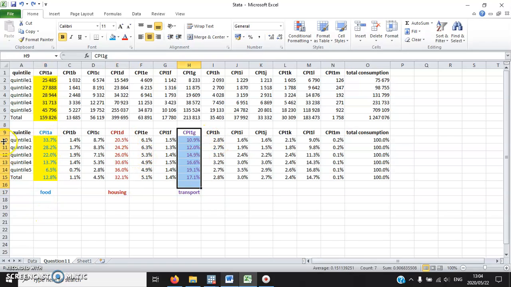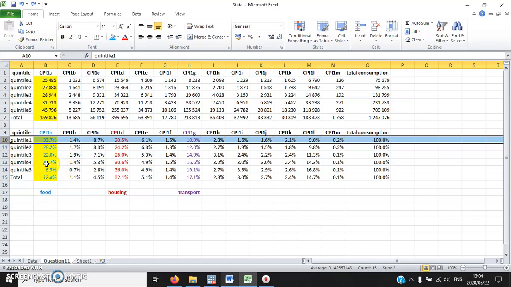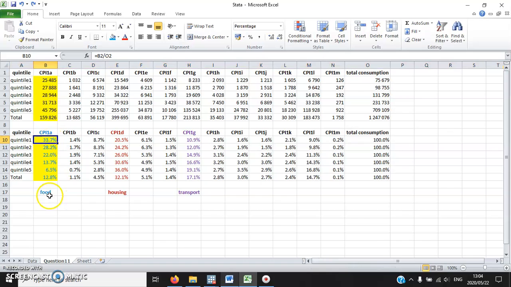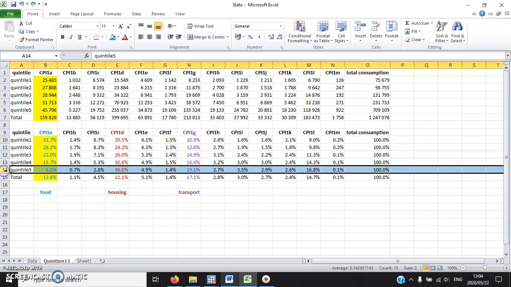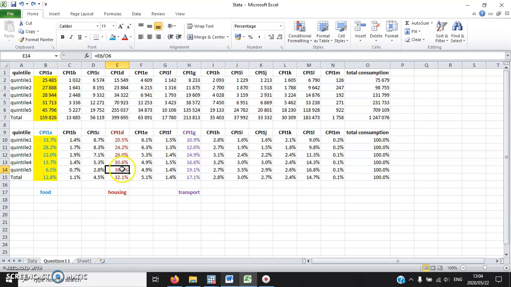housing, transport. So you can see the changes in this proportion as we move across to the richer quintile. So for the poorest quintile, the household spend 1/3 of their consumption on food, which is an essential item for survival, and they only spend 11% of their consumption on transport. But when it comes to the richest quintile, they only spend 6.5% on food, but they spend much higher proportion on housing.